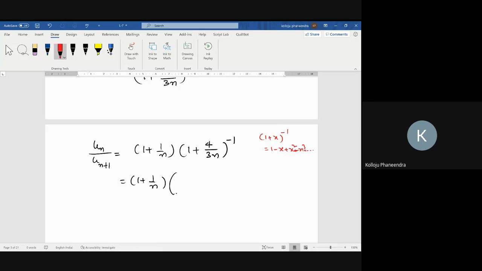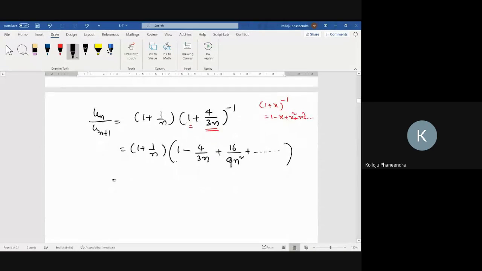Now, this is 1 and this is x. 1 plus x whole power minus 1 expansion. So 1 minus x, this is minus x plus x square, 16 by 9n square and so on. Okay. Now take the product of these two. First 1 into this entire: 1 minus 4 by 3n plus 16 by 9n square minus and so on.